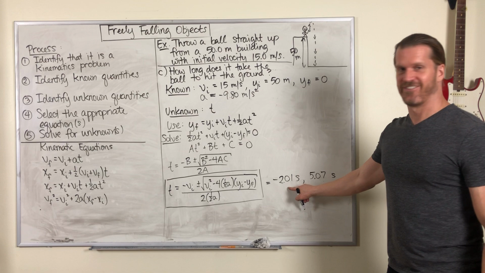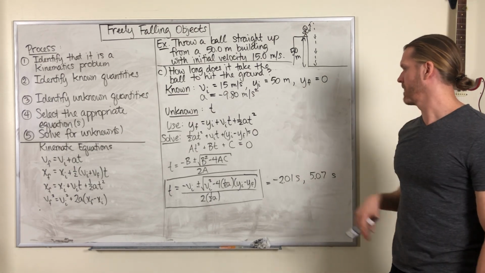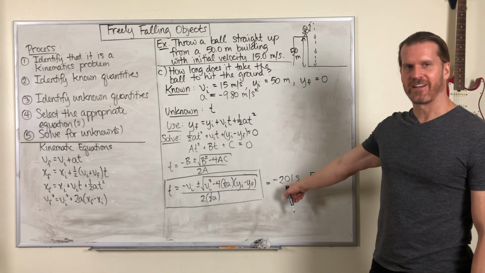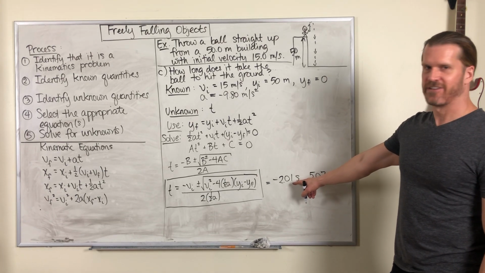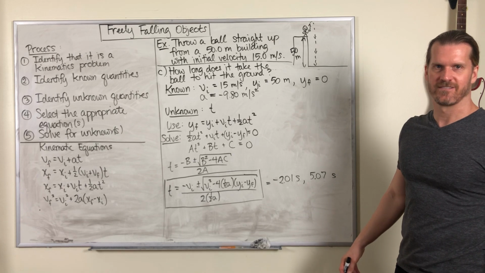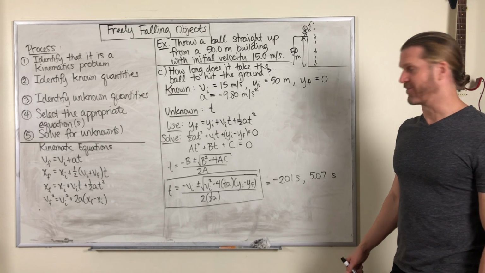Now we have to think about these and decide if they make sense. Negative 2.01 seconds would mean the ball hits the ground 2.01 seconds before you threw it. That doesn't make any physical sense.